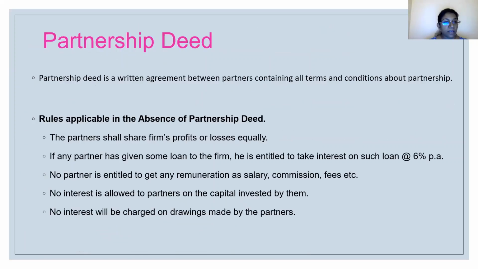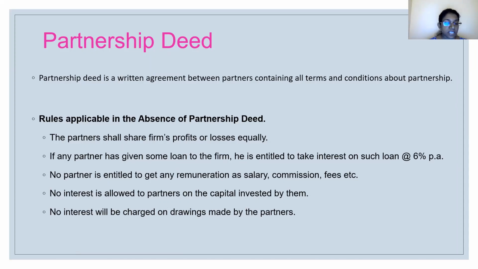So let's see the partnership deed. The partnership deed is a written agreement between partners containing all the terms and conditions about the partnership. Here, the rules applicable in the absence of a partnership deed would be: the partners shall share the firm's profit or losses equally. If any partner has given some loan to the firm, he is entitled to take interest on such loan at 6% per annum.